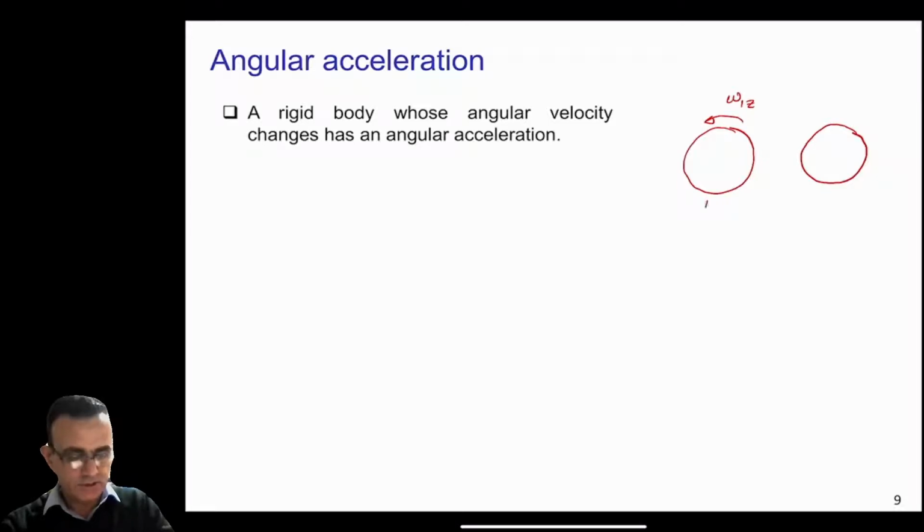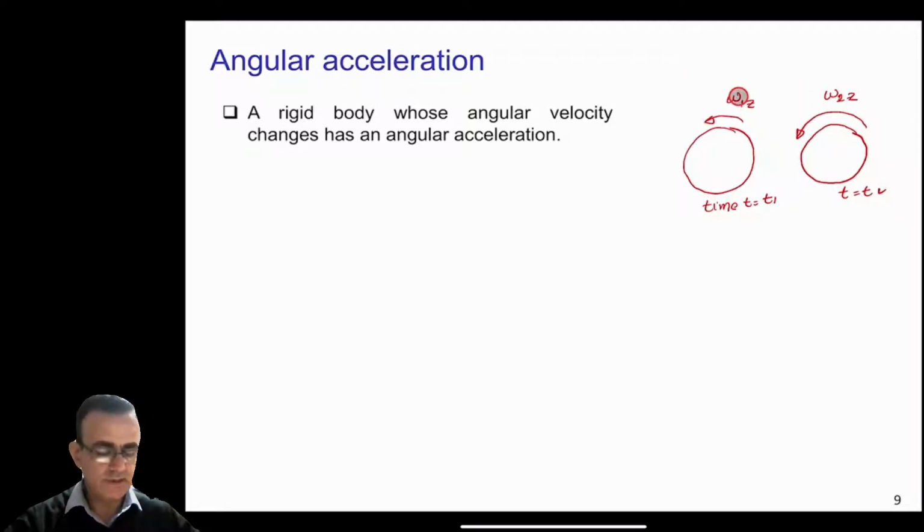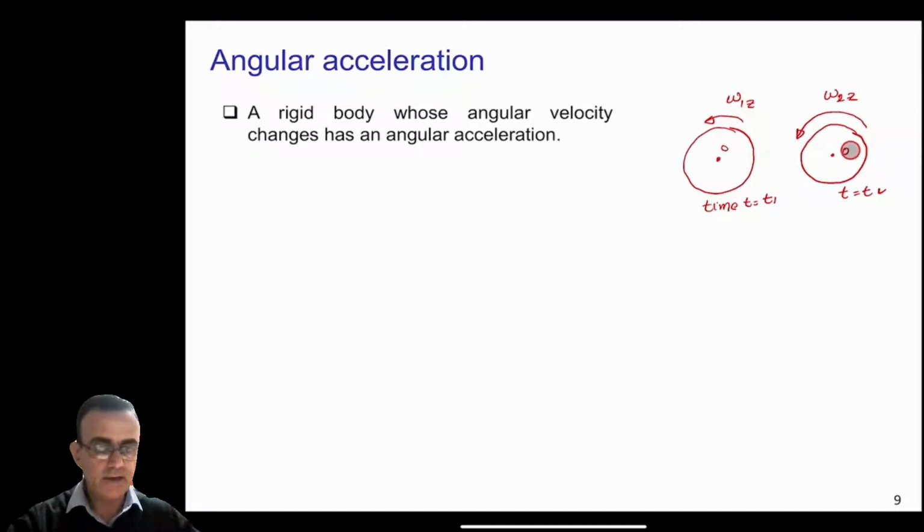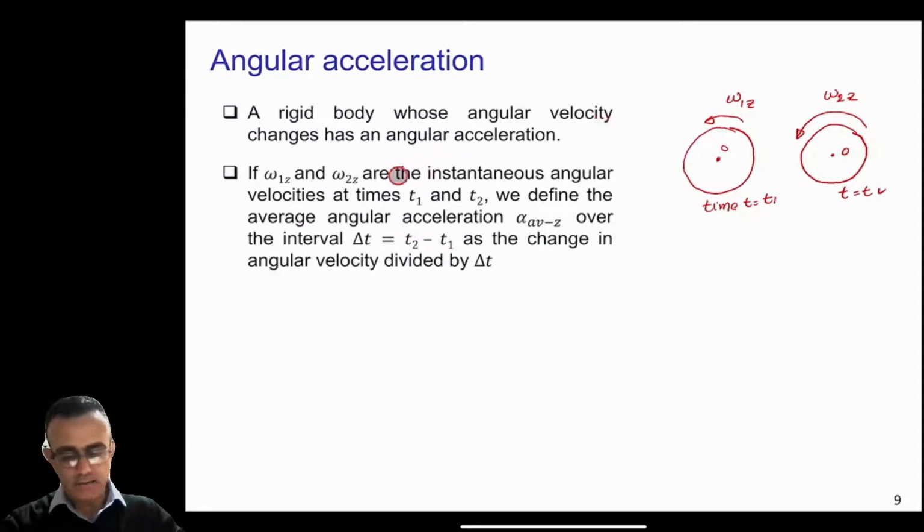So this is time t equals t1, and this is t equals t2, and then this will be omega 2z. This was the initial angular velocity of this body, which is rotating about this point here, and this is the final angular velocity of the same body. So omega 1z and omega 2z are the instantaneous angular velocities at times t1 and t2.